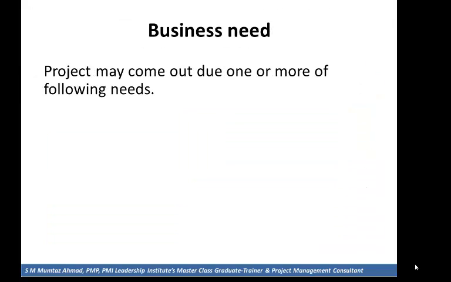Business needs. Project may come out due to one or more of the following needs. Market demand, such as a car company authorizing a project to build more fuel efficient cars in response to gasoline shortages.